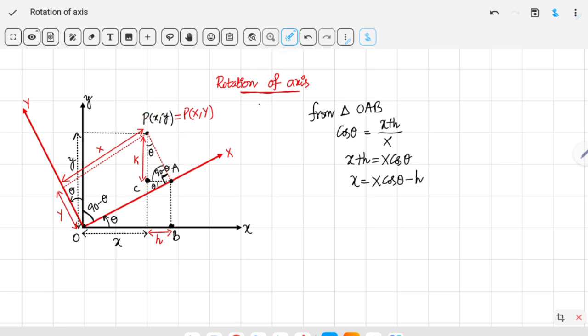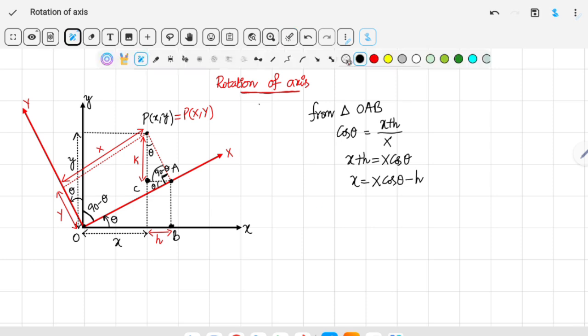What I actually need is this horizontal distance between this point and this point.